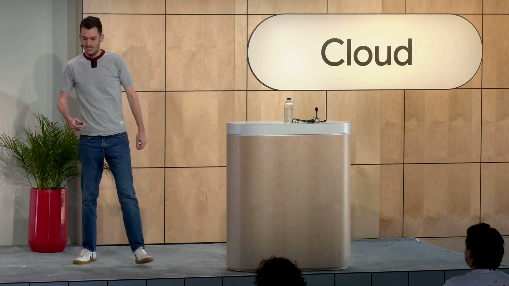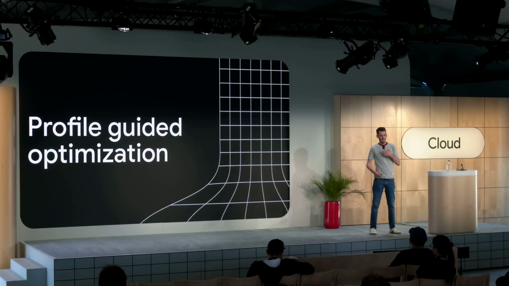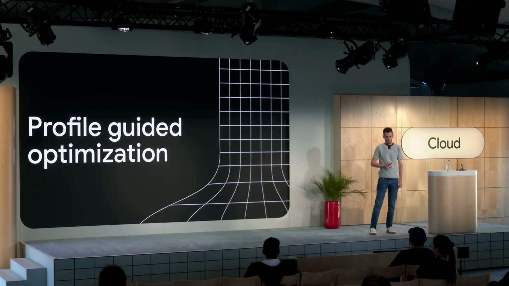Thanks, Cameron. As Cameron mentioned earlier, my name is Michael. I'm a software engineer on the Go team at Google. And I'm going to dive into profile-guided optimization, which was added to Go in Go 1.21 last year. So profile-guided optimization, or PGO, is a category of compiler optimization techniques supported by a variety of different languages.